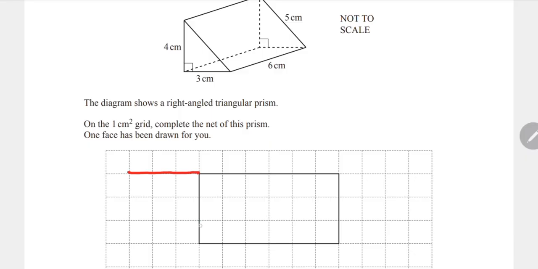Okay, so this one, and here the same way 5, 5, 1 2 3 4. Okay, wait, something wrong. 4 here, 5 here, 4 here, 5 here. Okay, so triangle done.